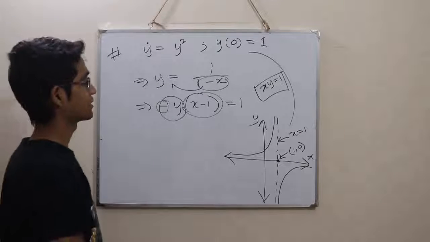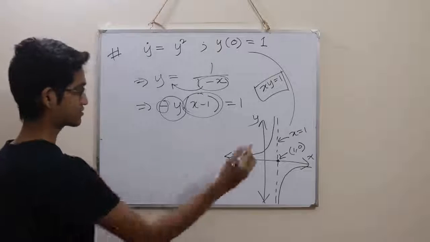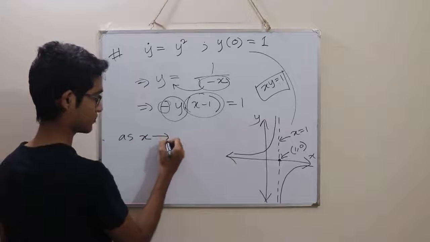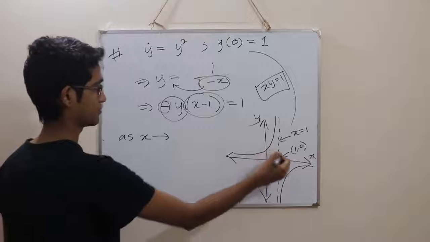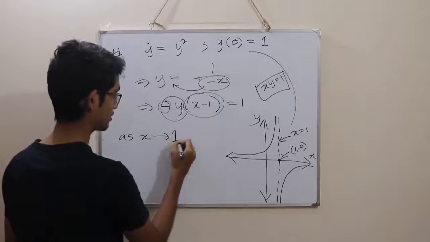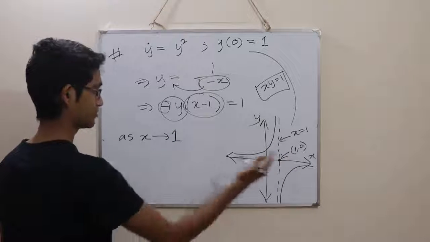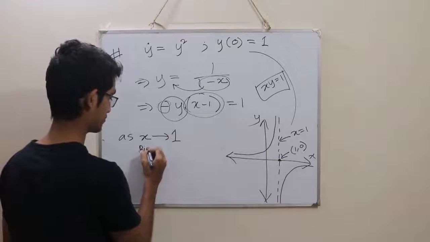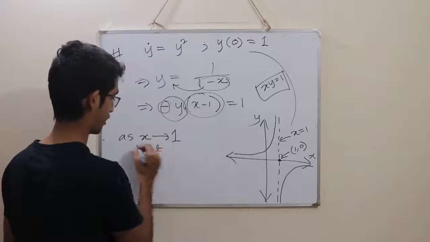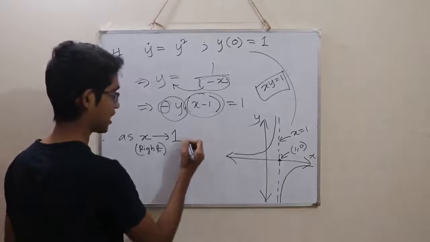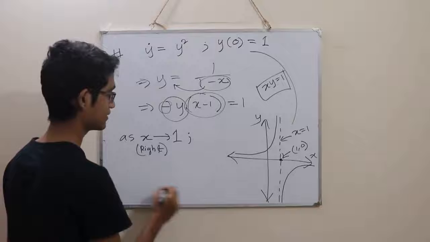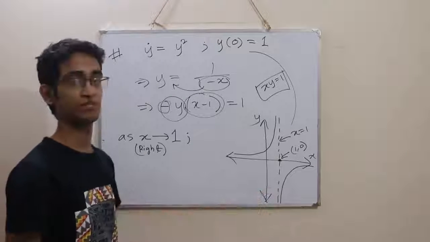So we can see that as x tends to 1, as x approaches 1 from the right side, let's say from the right side, I'm not using 1 plus or 1 minus, I'm just using right side and left side just to make you visualize it better.